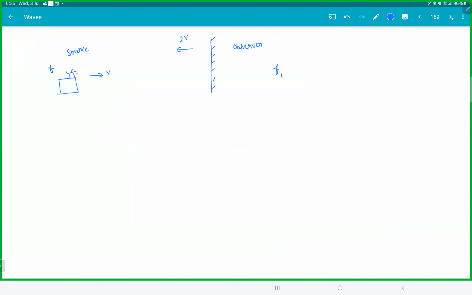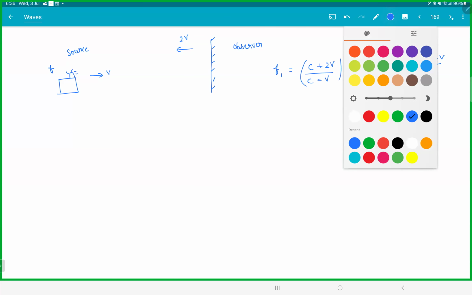So the apparent F1, let's call it, is C, wind is not there. The numerator is the observer. Observer is trying to come towards you. So plus 2V. The source is also trying to come towards you. So C minus V into F. And lambda apparent will be C minus V by F.